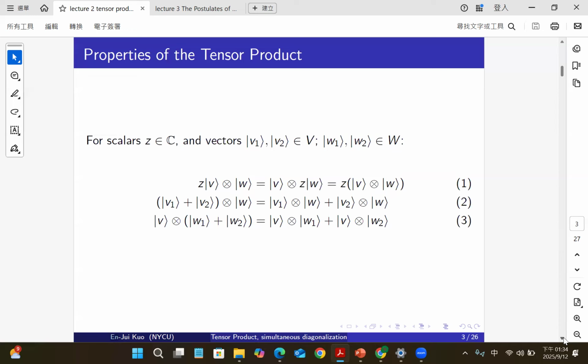And if you add two vectors W1 plus W2, and V tensor with it, you get V tensor W1 plus V tensor W2. Yeah, basically if you start from this definition, then this will be simple, right? Because if you times any scalar here, it's the same as you times here. Yeah, exactly the same.